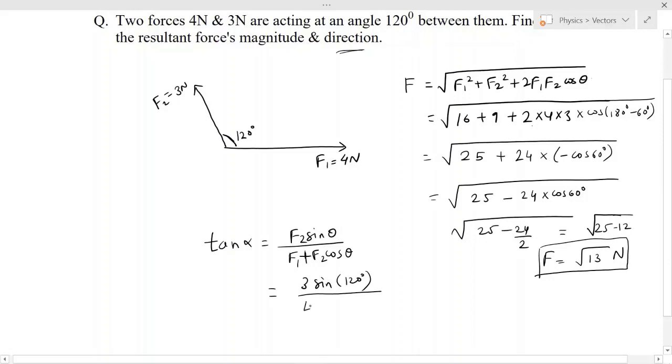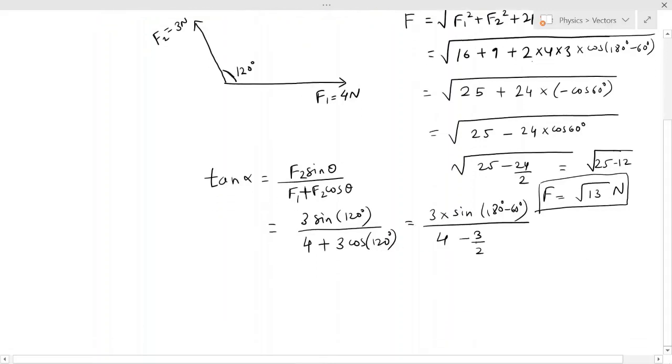So F1 is 4 plus F2 is 3 and cos of 120 degree. So sine of 120 degree can be written as sine of 180 degree minus 60 degree, divided by 4 minus 3 by 2. So I have written cos of 120 degree directly as minus 1 by 2 because we have already done the calculation here.